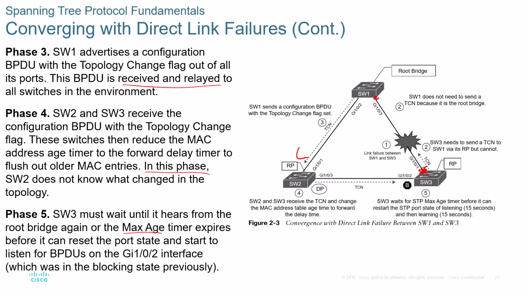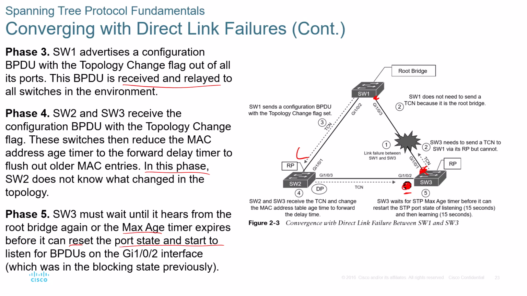Once the timer expires, it can reset the port state and start to listen. So I know this is a blocked port. It will start listening on that port because the blocking state will go away and it will transition back to a listening state so it can figure out what to do.